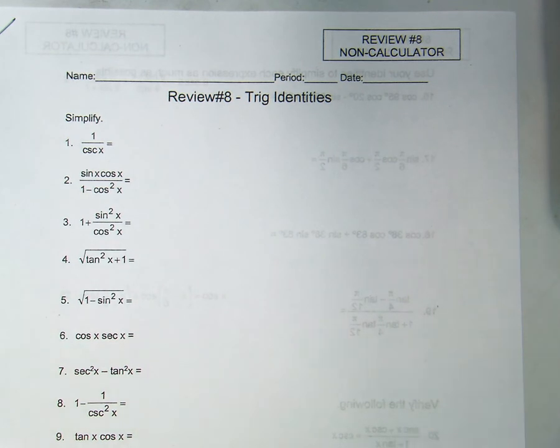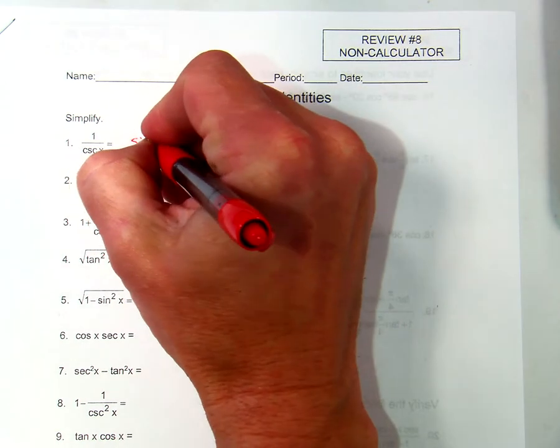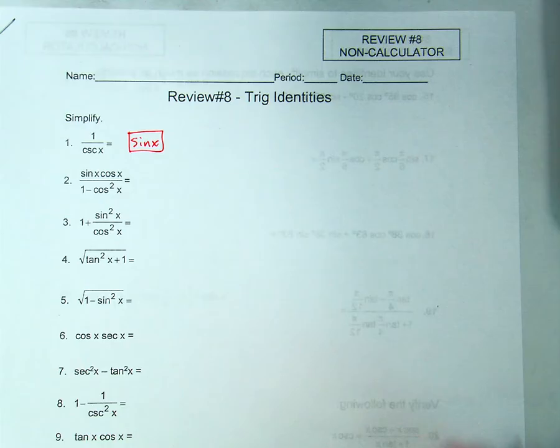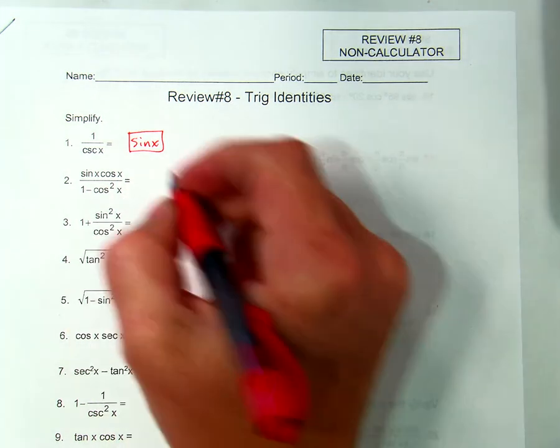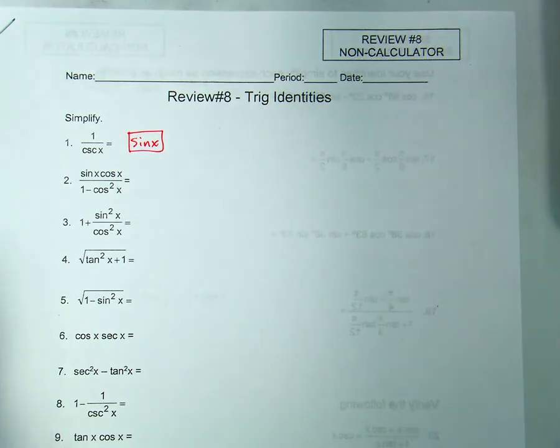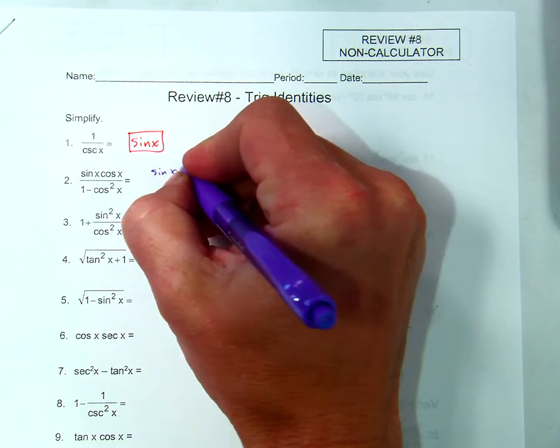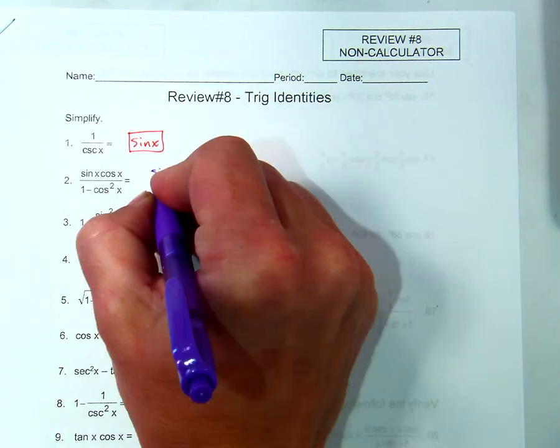The first one's a pretty simple one. 1 over cosecant is just what? It's basically sine, isn't it? So that is sine x. Okay, easy enough. And then we have the second one, which is also fairly simple. We have the bottom, which will turn into, let's do different colors here, sine x, cosine x on the top.